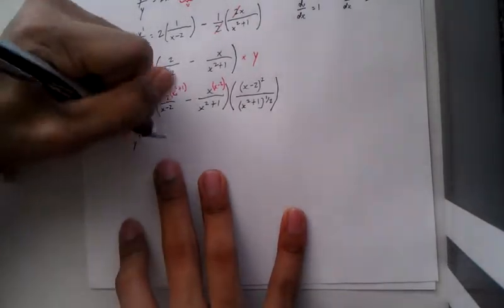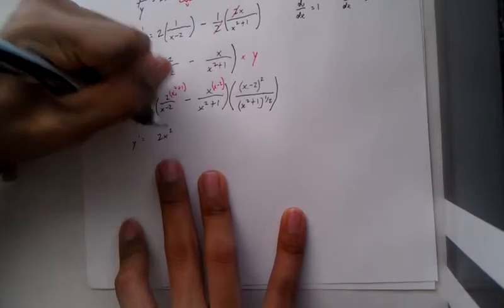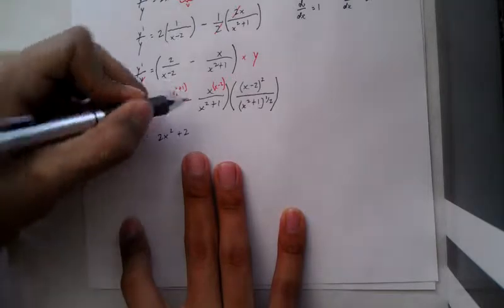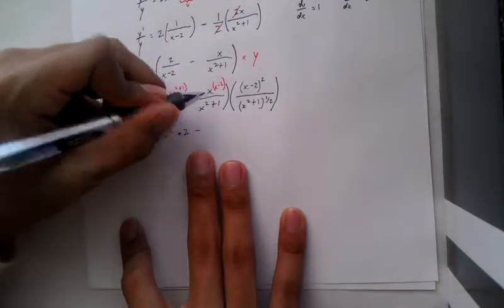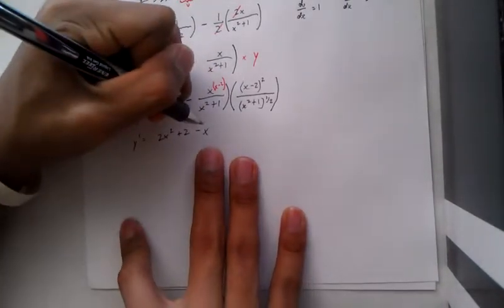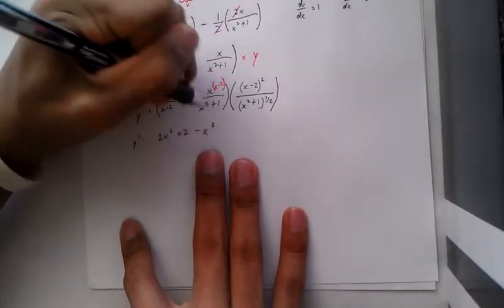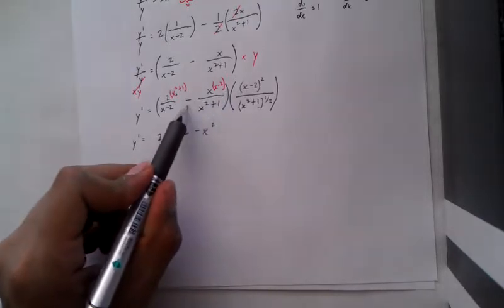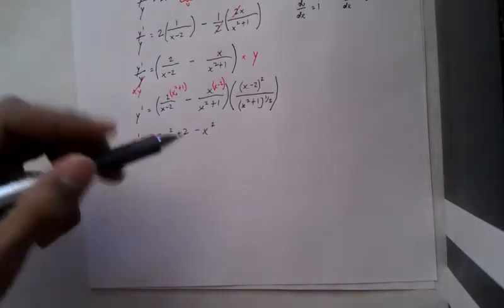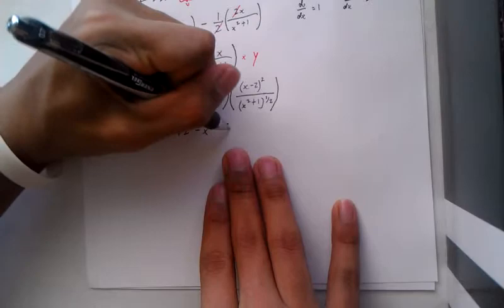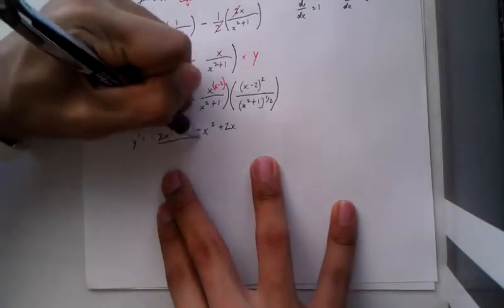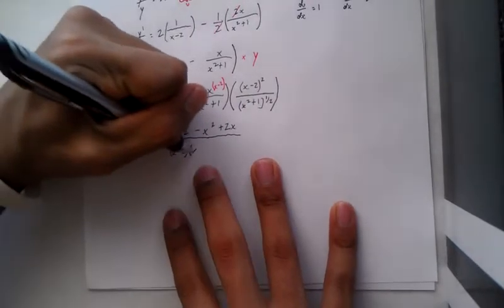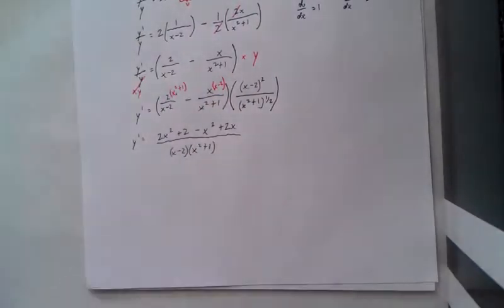So that's going to be 2x squared plus 2 minus x squared, and then it'll be negative 2x, but we're going to have to distribute this negative, so it'll actually be plus 2x, all over (x minus 2)(x squared plus 1).